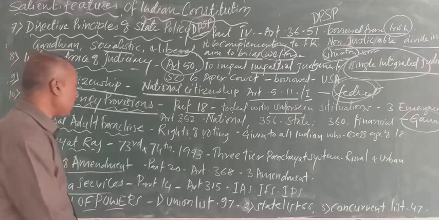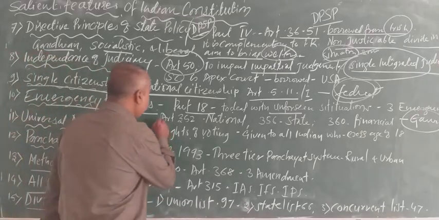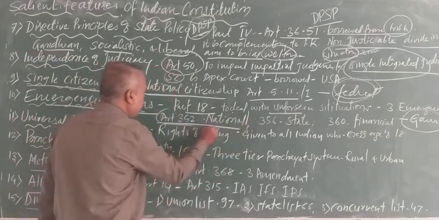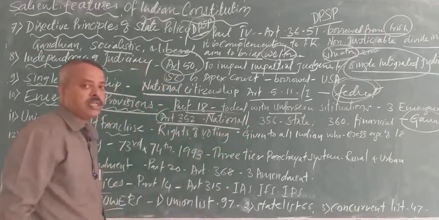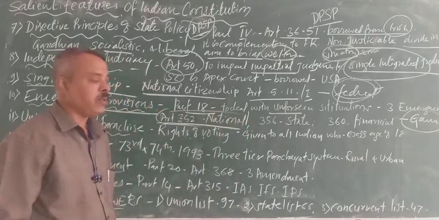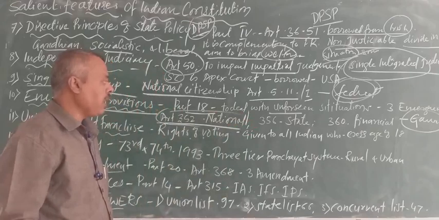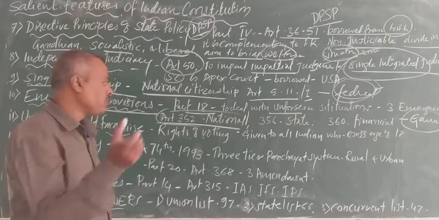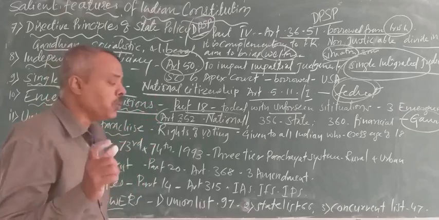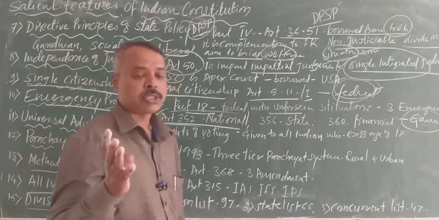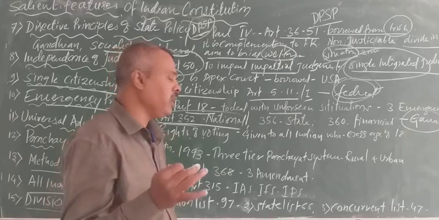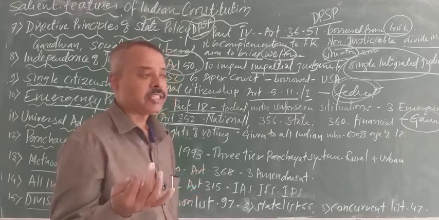So Part 18 of our Constitution deals with three types of emergency powers. One is Article 352, that is national emergency. When can the national emergency be declared? National emergency can be declared when there is a danger to the national sovereignty due to war, external aggressions, or due to internal troubles or any internal natural calamities.